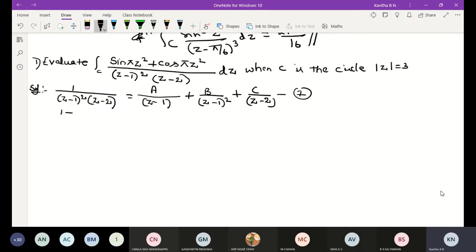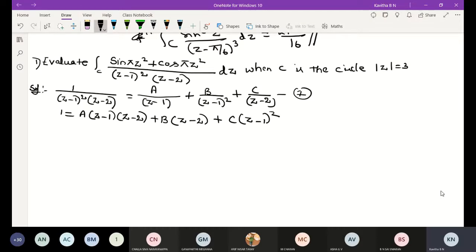First write down 1 is equal to A into (z − 1)(z − 2) plus B into (z − 2) plus C into (z − 1)².